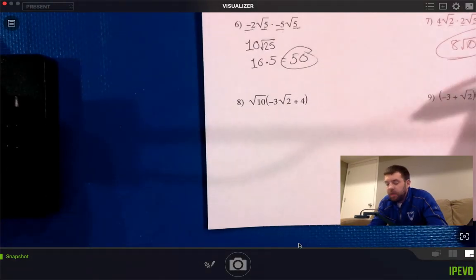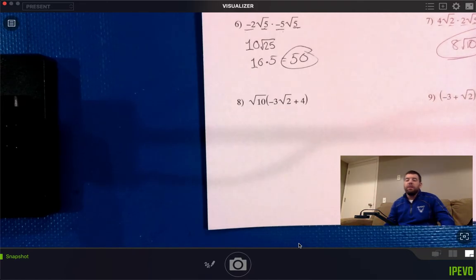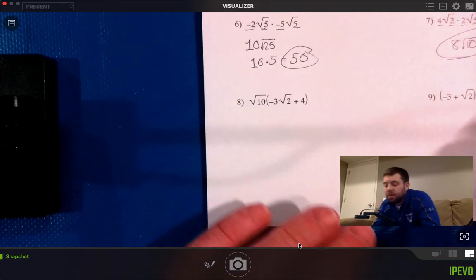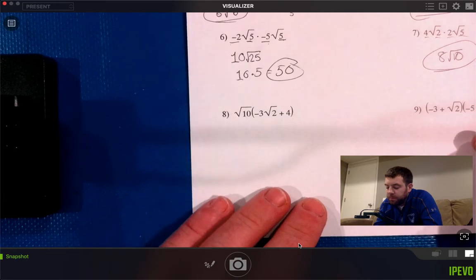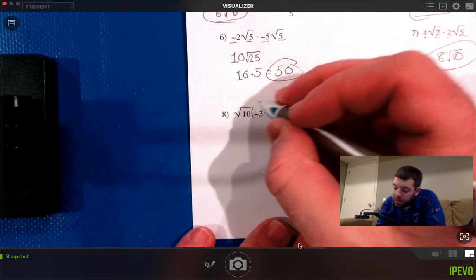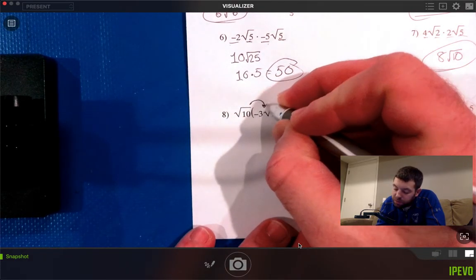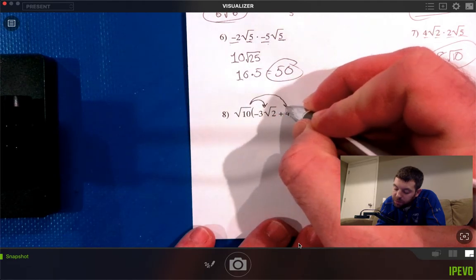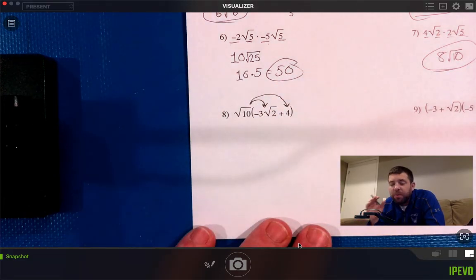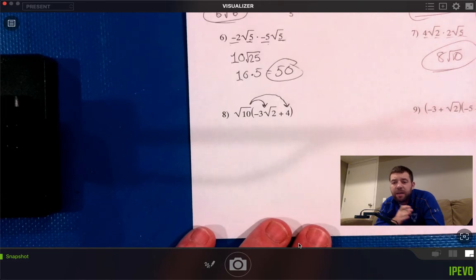Now, let's multiply in. I'm going to take this and just use the distributive property to each one. Again, when I multiply, remember it's insides times insides, outsides times outsides.